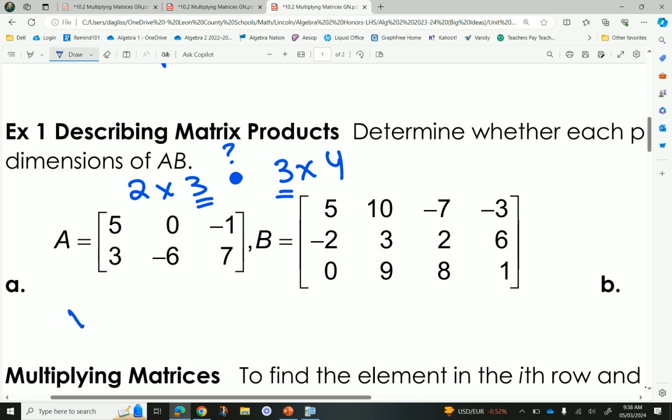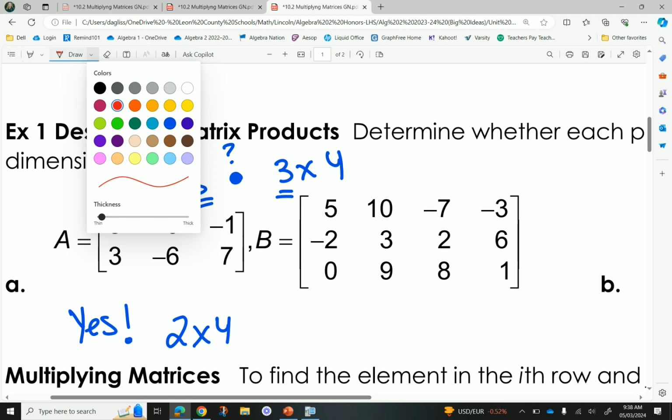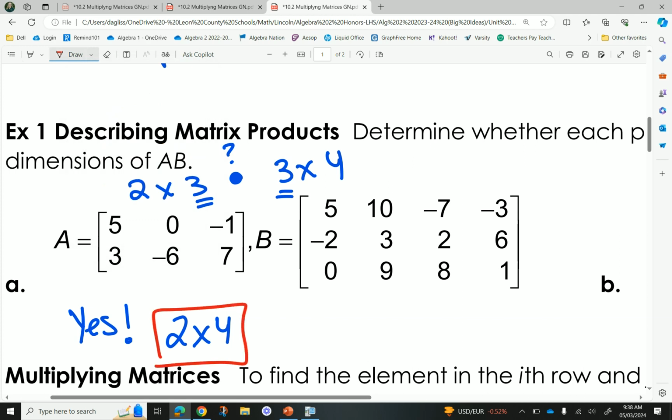Those match. If we did, what would the dimensions of the product matrix be? A 2 by 4. Good. Again, these come from the rows of the first and the columns of the second. Because our middles match, we can multiply, and our product matrix will have the rows of the first and the columns of the second.